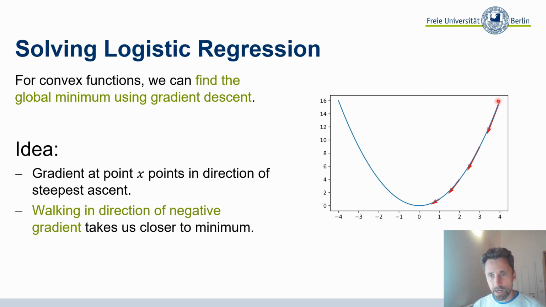So starting at a certain point in the loss landscape, we could just look at the direction, whether to walk in this direction or that direction in our x dimension, that decreases our loss. And so we would step by step walk down this slope until we end up in this minimum. And since it's a convex function, we are guaranteed that this is the global minimum.